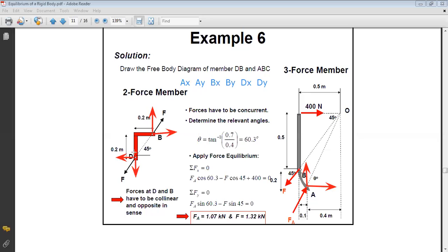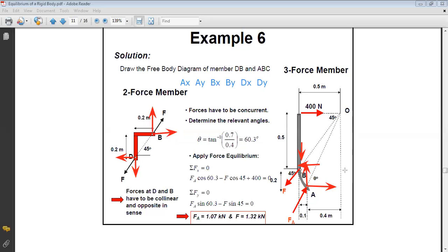I will get the first 3 equations. Now, when I move to member ABC, by action-reaction, if I choose BX, BY like this, here they should be opposite. So I will put BX, BY in the opposite direction here, and I will add AX and AY. And for this system, I will write also 3 equations. So I end up with 6 equations with 6 unknowns.